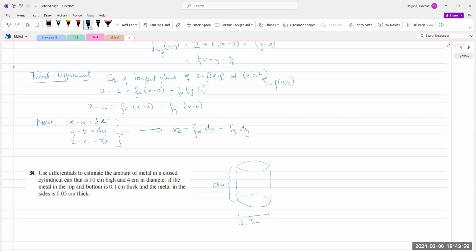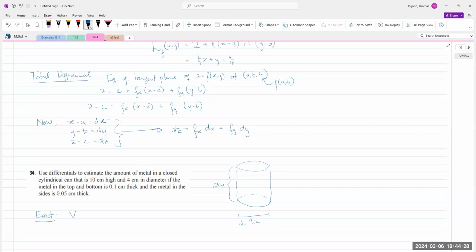Okay, suppose I want to compute accurately the amount of metal needed to construct this can, then I basically need to find the volume of the exact solution. I need to find the volume of the lateral area.